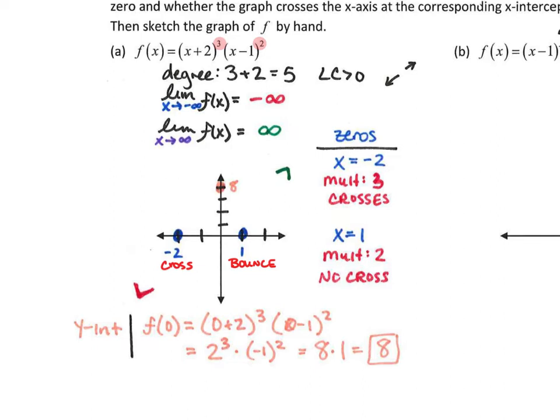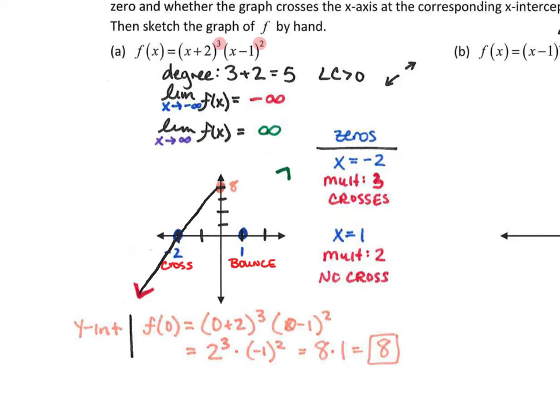What I've done on this graph is I have graphed every piece of information I've talked about so far. All I have to do is correctly connect the dots. I start at this very first end behavior on the left, going to negative infinity. I'm going to put my pencil there, and I'm going to go to the first 0. Now that first 0 says cross, which means I can cross over that 0 to the other side.